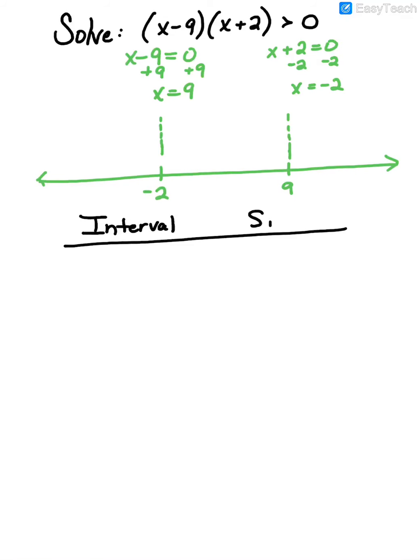and what you might know from the graph. So I'm going to go from left to right, the first interval that starts at -infinity and goes to -2.